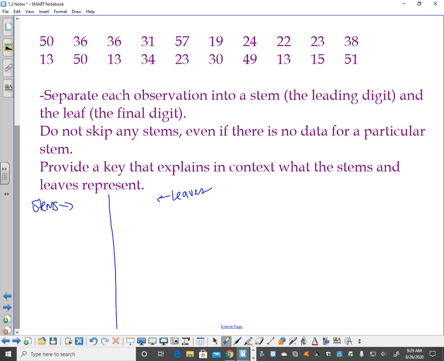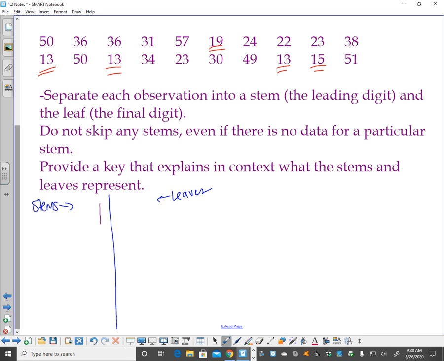All right, so your stem is the leading digit. Now, all of this data are double digits. Now, we're going to do the guys' number of pairs of shoes here in just a second, and some of them have single digits, so I'll show you how to address that. So my first stem is a 1. So I'm looking at everybody that starts with a 1.